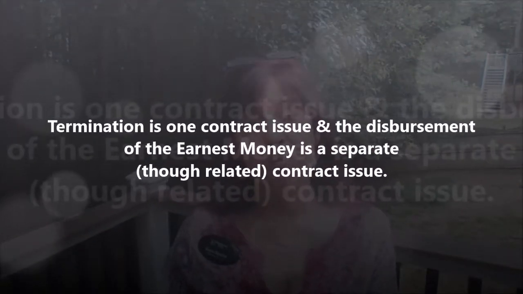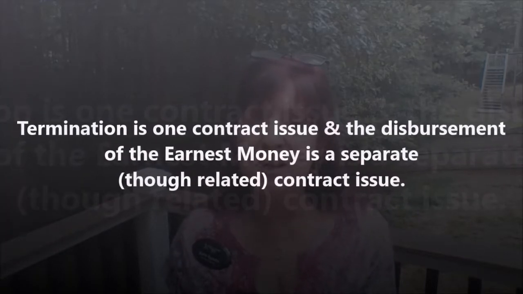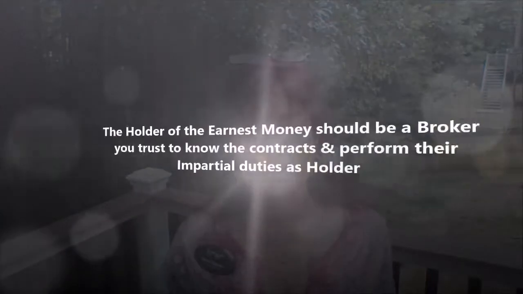There are time frames, contingencies, forms of notice, and the consequences of a termination. And just because a party does not have a contractual contingency under which to terminate the contract and protect their interest or their earnest money, doesn't mean that it still cannot be a termination by default.